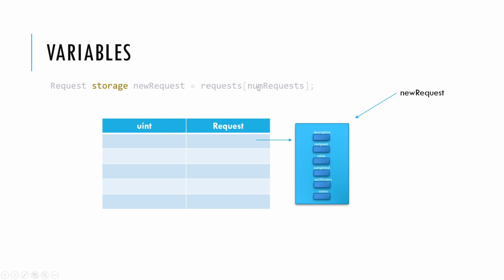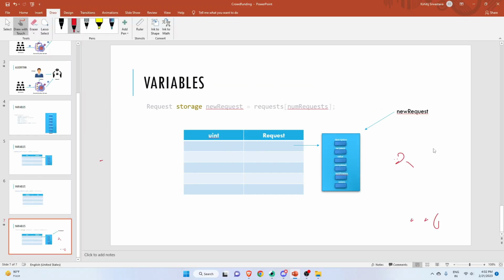Okay. Since num request, we are assuming num request is 0 initially, not actually assuming because we are not initializing it with anything. So it will be 0. And that's why this new request will start pointing towards this particular structure. And when we are doing new request dot description like this, we are actually pointing towards this part.